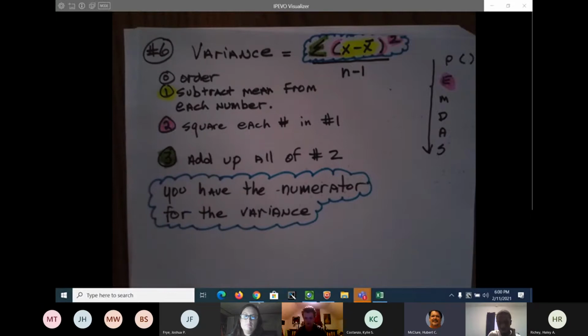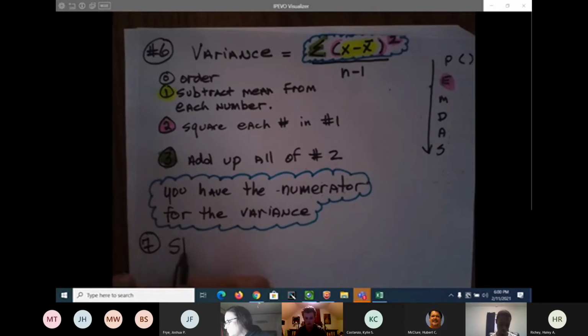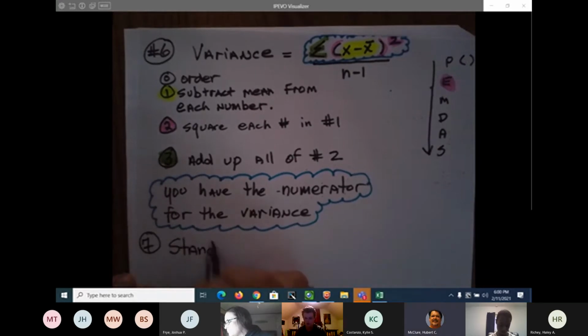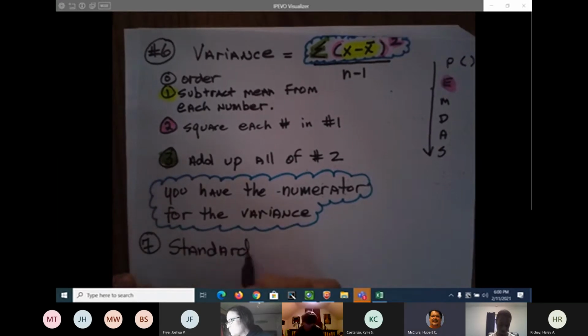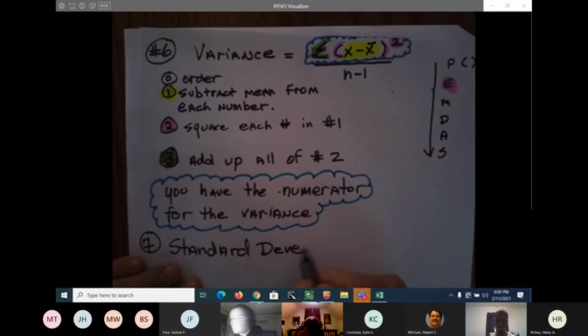Now, this is real hard stuff right here. The standard deviation. Does anybody know the relationship between the standard deviation and the variance?